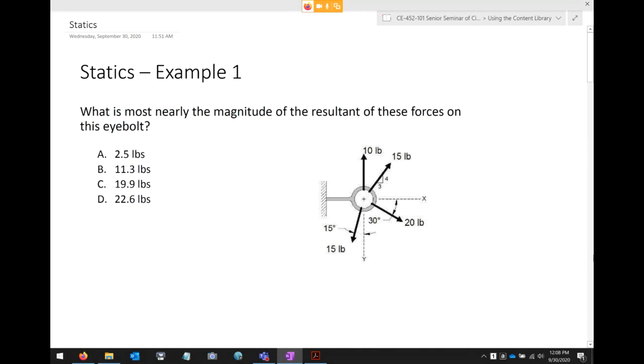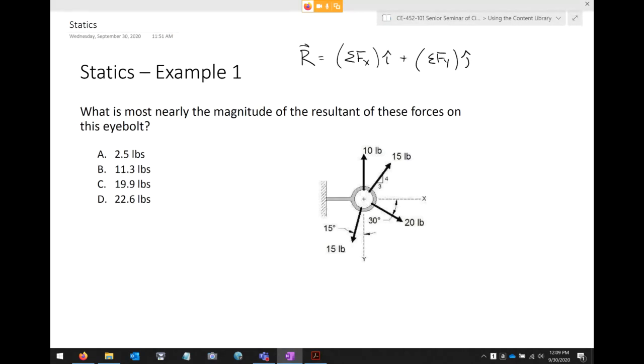The easiest way of doing that is to say that the resultant is the sum of all the x forces and the sum of all the y forces. You can write this in ij notation if you want. For problems like this on the exam, you don't necessarily need to write ijk.